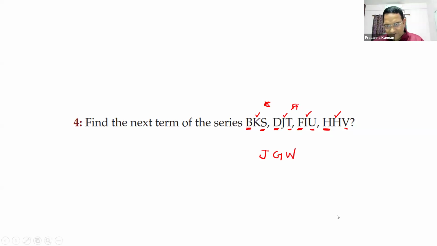Very good. Perfect. I hope you all understood this, right? So if you look at the first letter of the three letters in each word, B, then you skip C, then D, you skip E, F, then you skip G, you get H, you skip I, you get J. Did you understand the first letter?